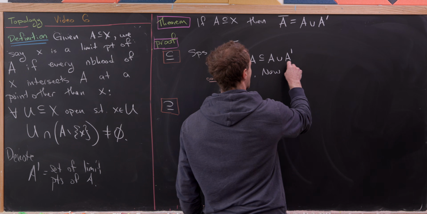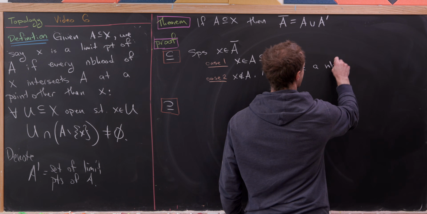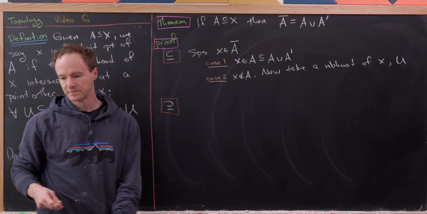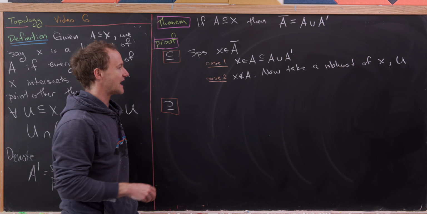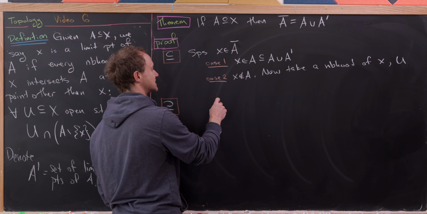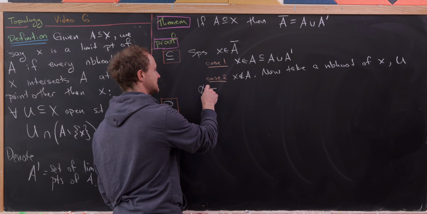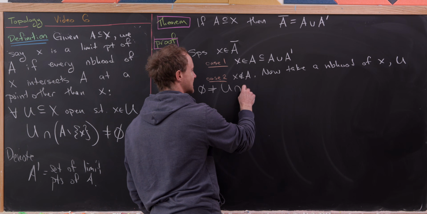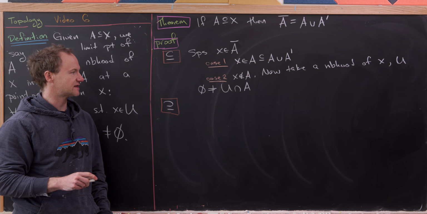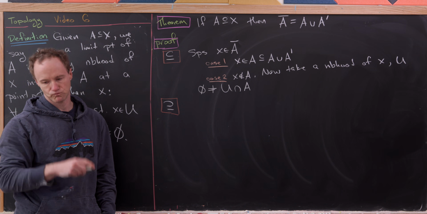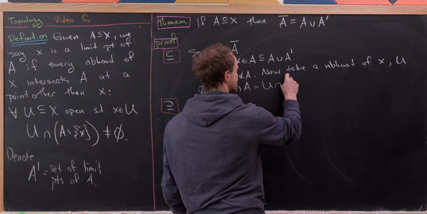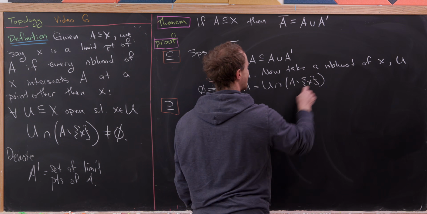Okay. So now let's take a neighborhood of x and we'll call that neighborhood U. But notice that since x is in A closure, that means that the intersection of U with A is non-empty. So we've got the empty set is not equal to the intersection of U with A. But now the intersection of U with A is going to be the same thing as the intersection of U with A minus the singleton x.